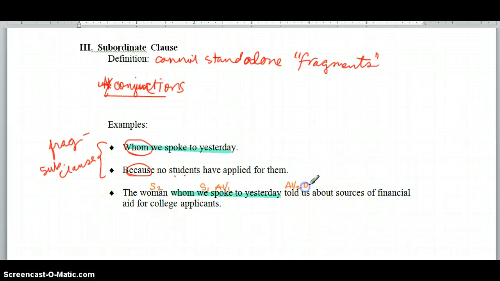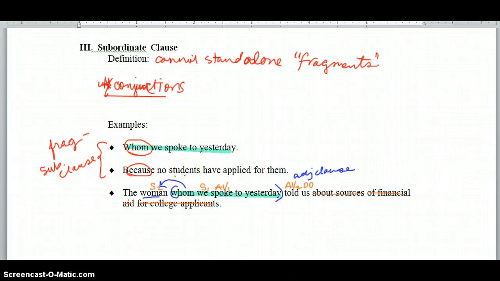She told us, direct object, about sources, prep phrase, of financial aid, prep phrase, for college applicants, prep phrase. This insert right here is a subordinate clause inside that larger independent clause. And just as a preview, this is going to be an adjective clause when we get to that lesson because it's telling us more about the woman, which happens to be a noun.